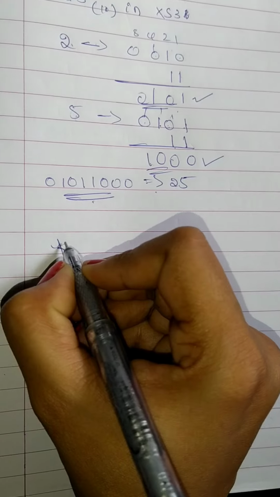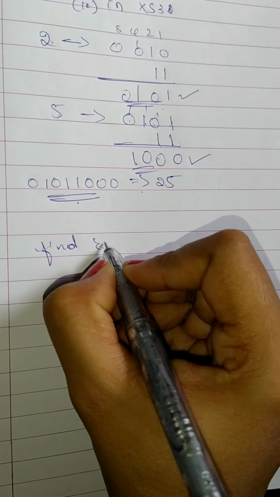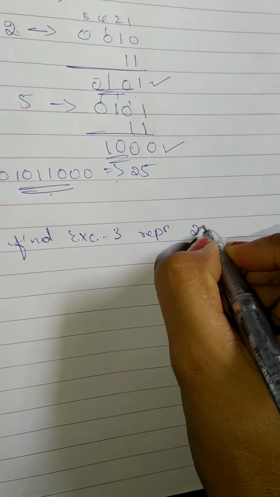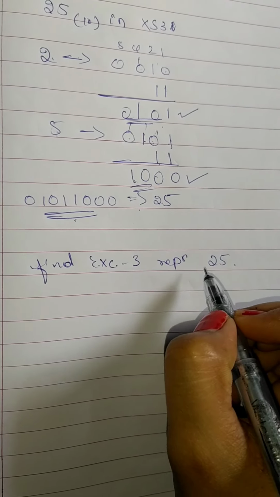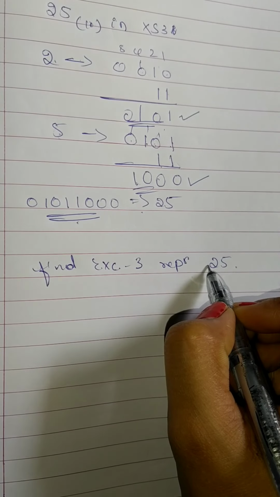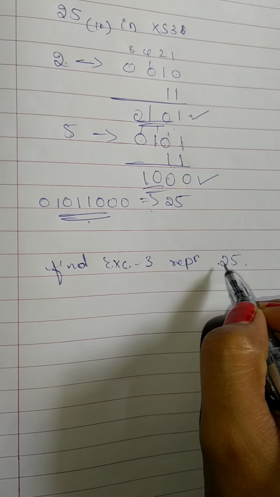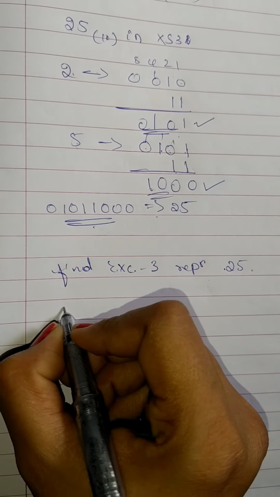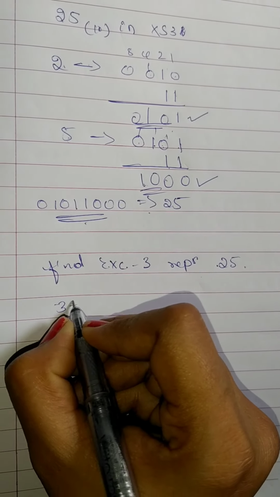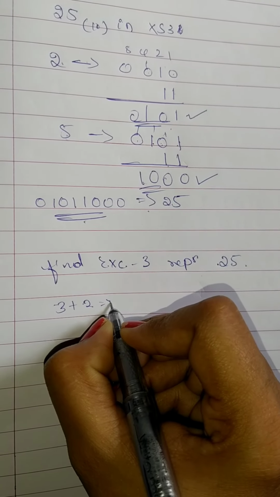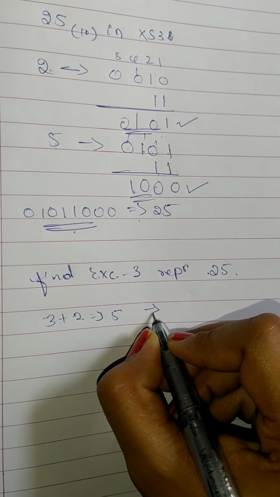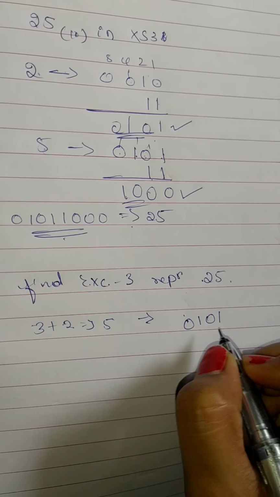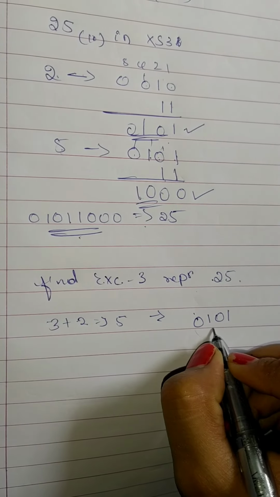Let us see one example to represent excess-3 format. For example, find the excess-3 representation for decimal number 25. First I need to add 3 to 2, so that becomes how much? 5. 3 plus 2 becomes 5, and 3 plus 5 becomes 8. So first I represent 3 plus 2, that is 5. How can 5 be represented in binary format? 0 1 0 1. So this forms the equivalent excess-3.